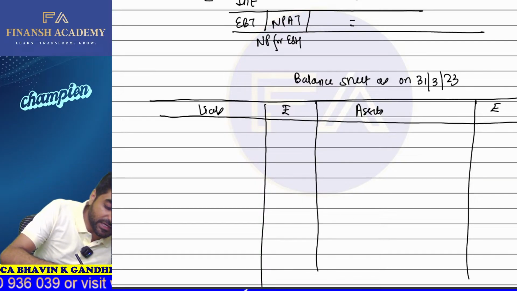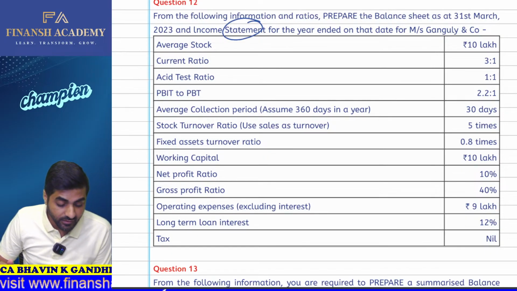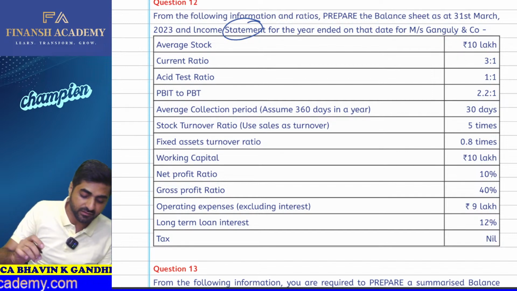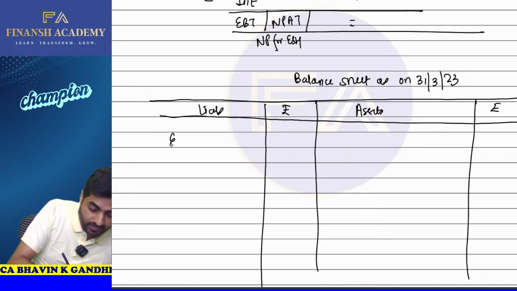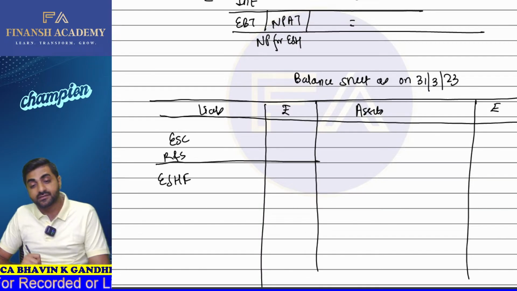Now what are the list of liabilities which are possible? As you all can check here, there is no other data given to you regarding your preference shares, etc. So it is going to be only equity share capital. Then we also have reserves and surplus. The total of this actually gives you equity shareholders.